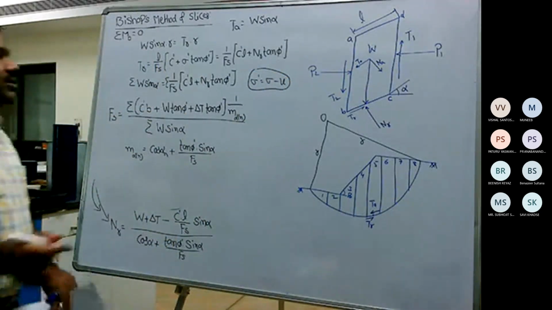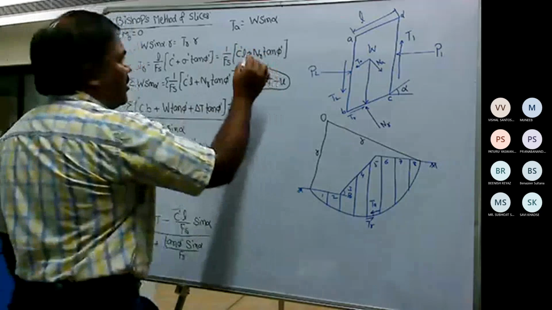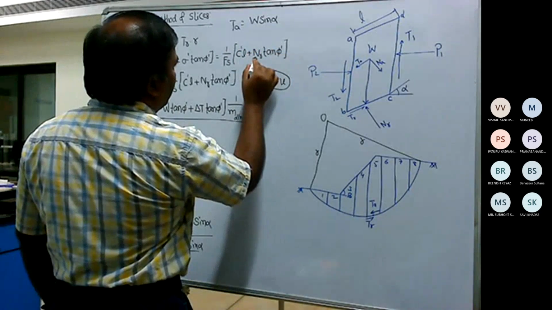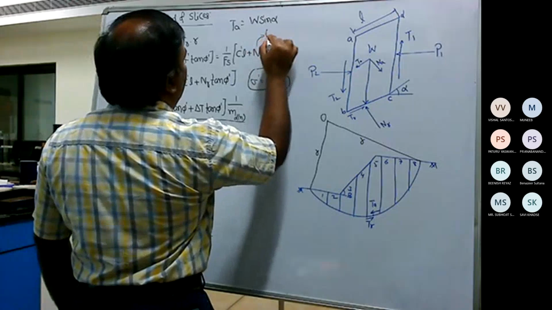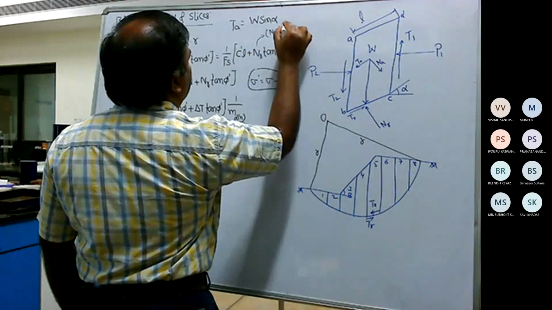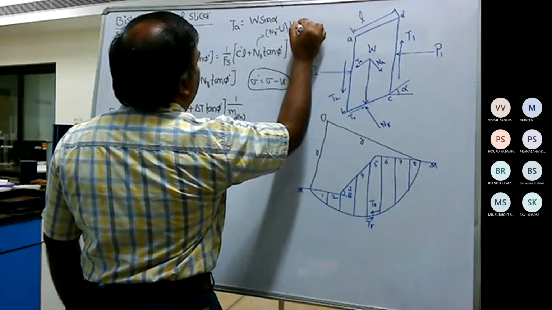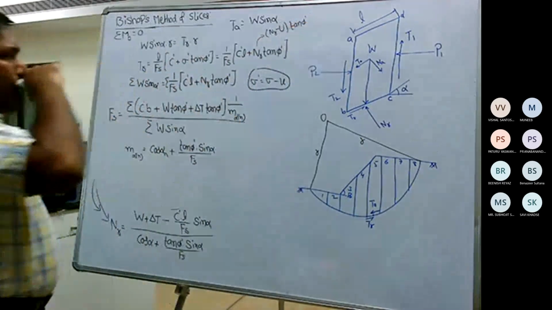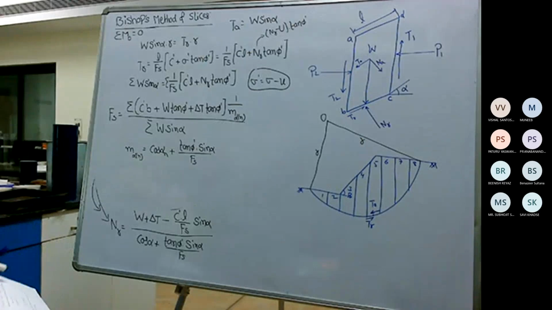So in that case, the NR term will become NR minus u. If you include the pore water pressure, this will become NR minus u multiplied by tan phi, if you take the pore water pressure component into the picture.